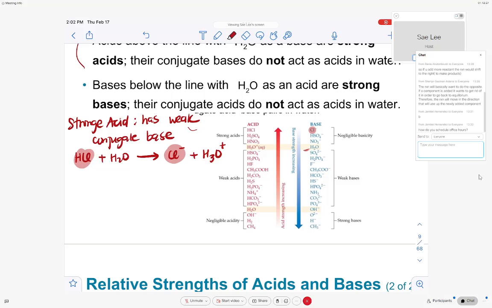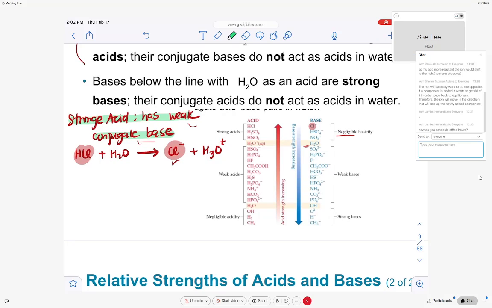So it has no tendency to accept the proton and go back to proceed the reverse reaction. The conjugate base of the strong acids has negligible or extremely low basicity. It has extremely low tendency to receive a proton. It is very rare that these bases receive a proton. This is a sentence that you need to keep in mind: strong acid will have weak conjugate base.